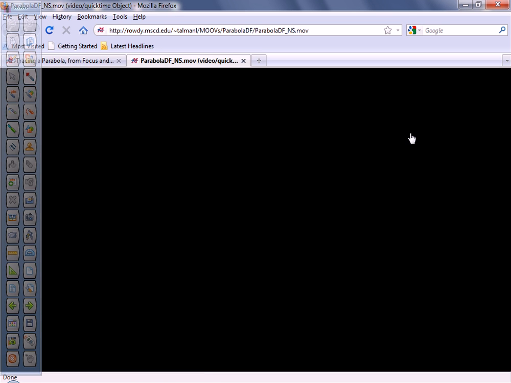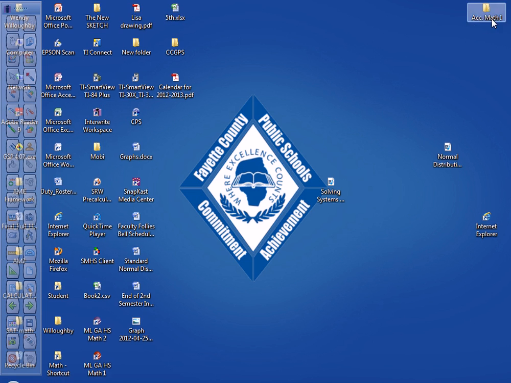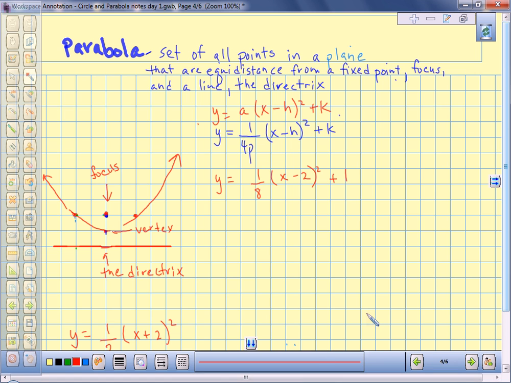It's a real bummer. But what it does is show you, and I'm just going to do it on the board real quickly here. What it shows you is, if this distance and the distance to here is always congruent.